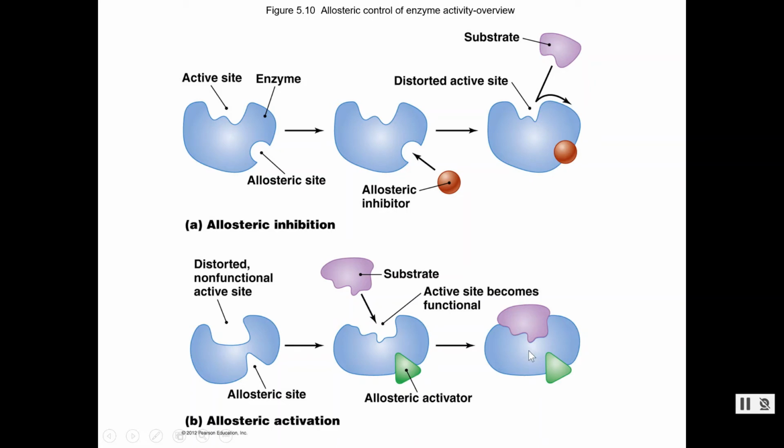This is when you call all available cashiers to the front. You get a rush and you pull everybody off of whatever they were doing and bring them there. You're turning on these enzymes so that they can get the job done and get through rush hour. That is an allosteric activator. Okay, so we have allosteric activation and allosteric inhibition, and both of these are allosteric methods of control.